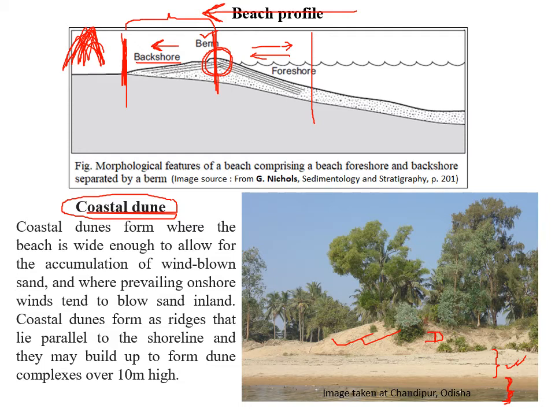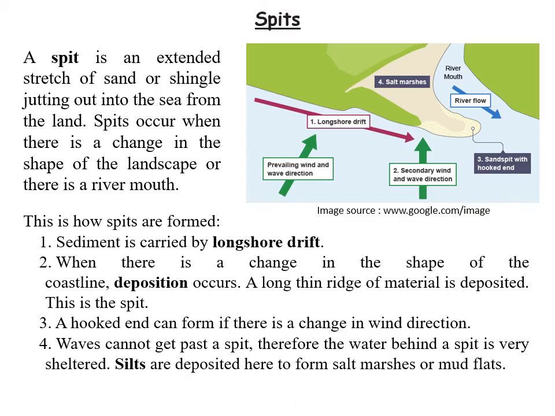Next type of depositional landforms is known as spits. Now, a spit is an extended stretch of sand which is found in the sea from the land.